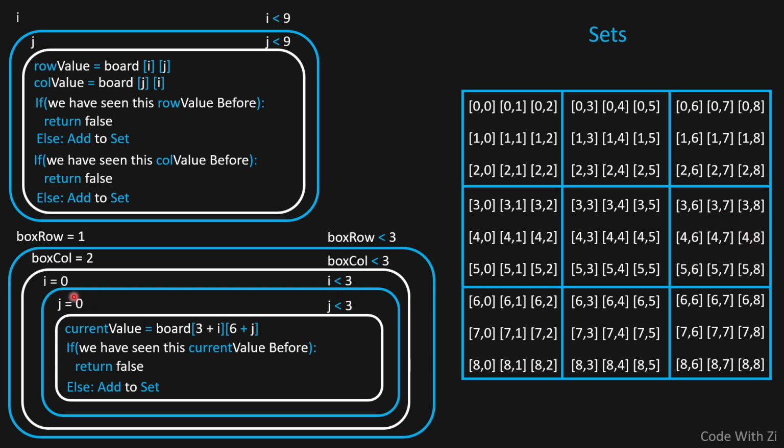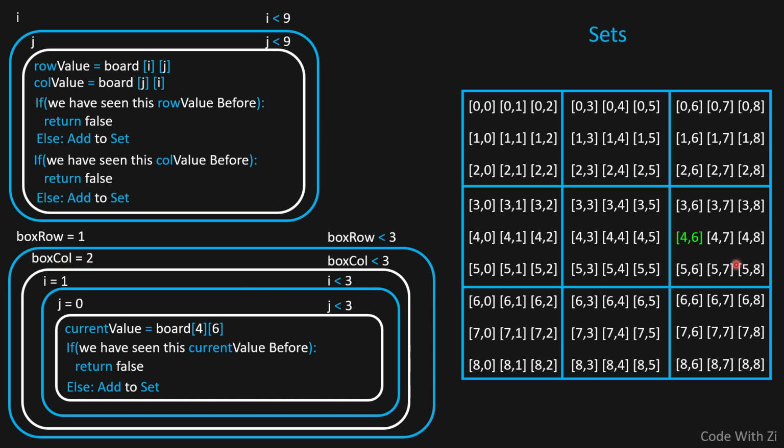So for example, if our i is 0 and our j is 0, that's gonna make this equal to 3 and 6. That means we're gonna be checking this first position here. But if our i is 1 and our j is still 0, we're gonna have 3 plus 1 and 6 plus 0, and that's gonna give us 4 and 6, like so. And 4 and 6 are gonna be pointing to this position, as you can see, because our box row and box col are pointing to this subbox.